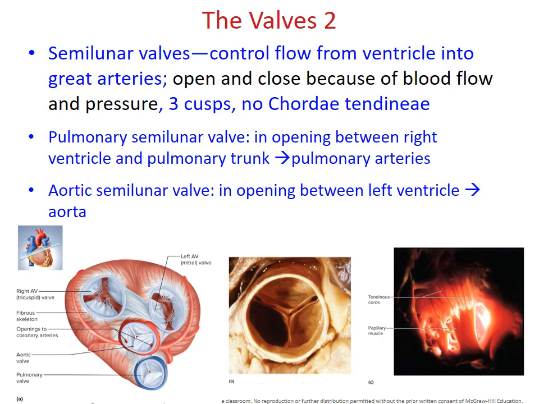And then in front of it, you can see your AV valves with those stereotypical chordae tendineae. The picture in the middle, B, is once again of a semilunar valve, and then C is showing you the tendinous cords that you will only find in the valves that we talked about previously, which are our AV valves.